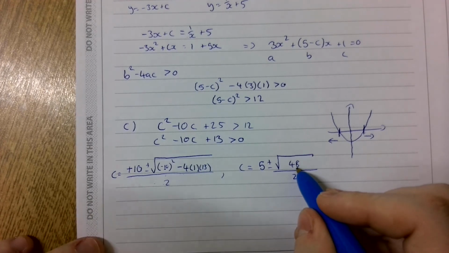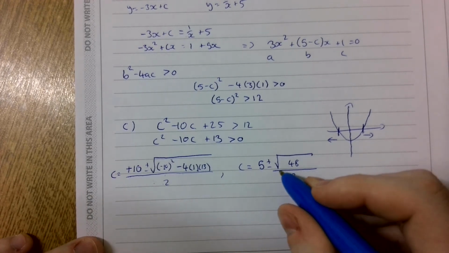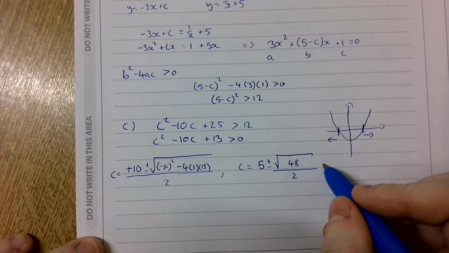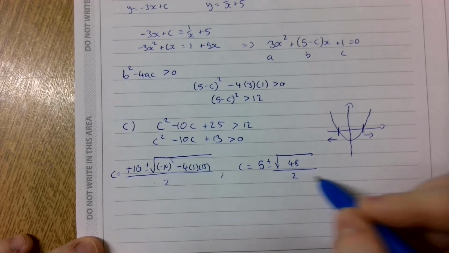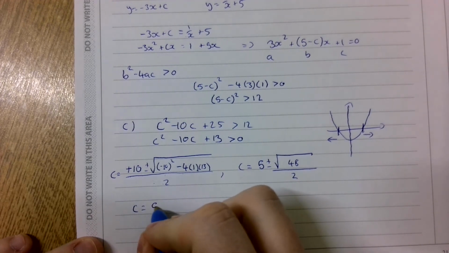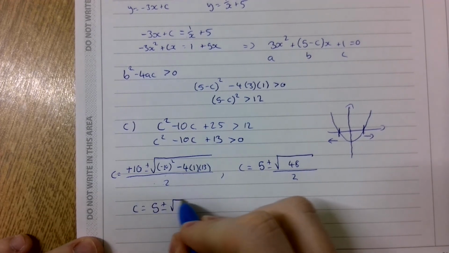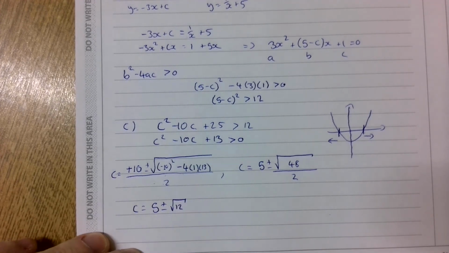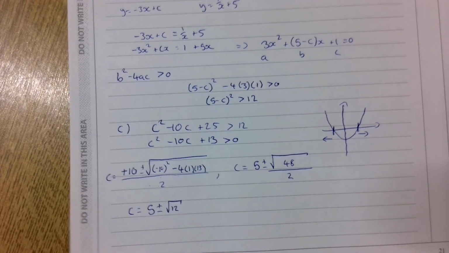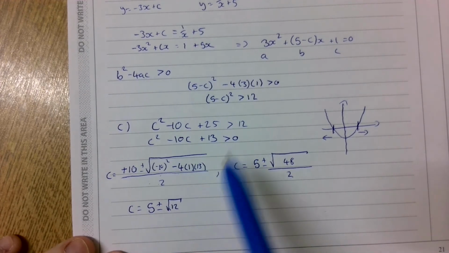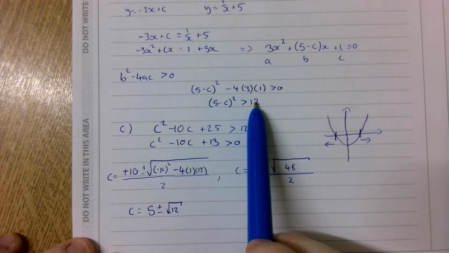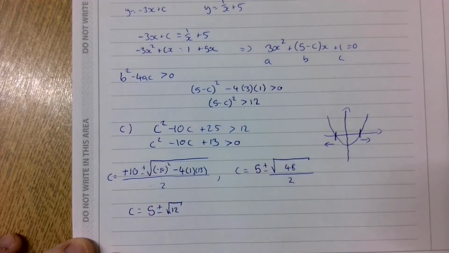I reckon that is 4, so this becomes 2 root 12, but 2 root 12 over 2 is just root 12, so we've got c equals 5 plus or minus the square root of 12. Actually, now that I've done that, it probably would have been easier just to square root this answer of 12 over here, to get plus or minus root 12 and then subtract the 5, but what can you do?